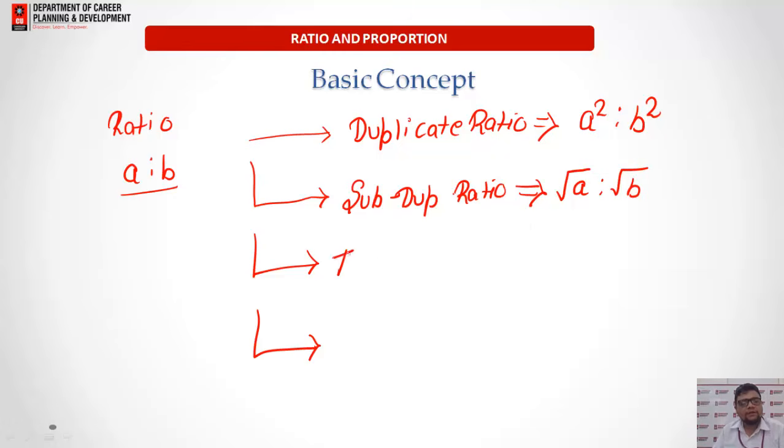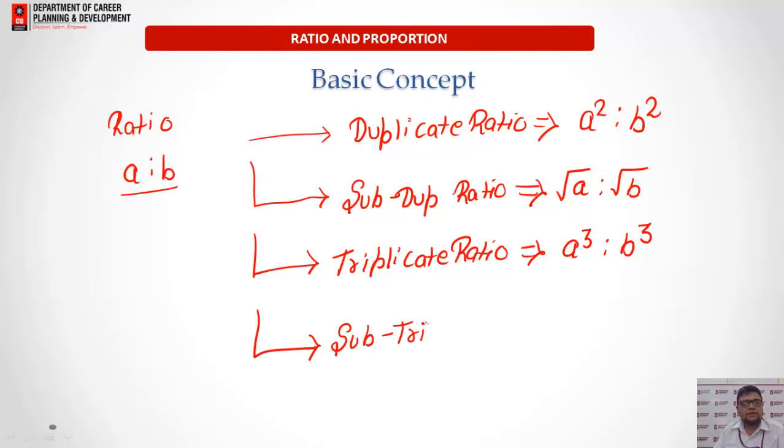Then the next will be, what will be the triplicate ratio? Triplicate ratio, as the term is suggesting, triplicate means 3 times. So it will be A cube is to B cube. So this will be the triplicate ratio. Now in a similar way, what will be the subtriplicate ratio?